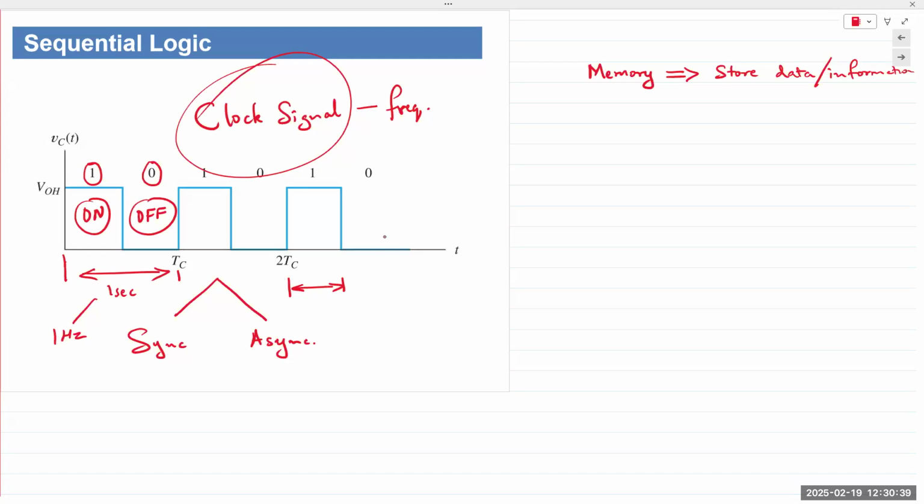No matter how small that width is, it is still a significant amount of time. Whether it's in milliseconds or microseconds or nanoseconds, it still has a certain value. And in that portion of time, the output of a circuit could become unpredictable.